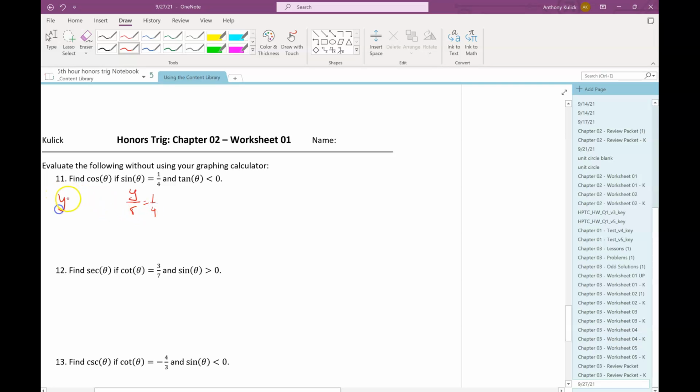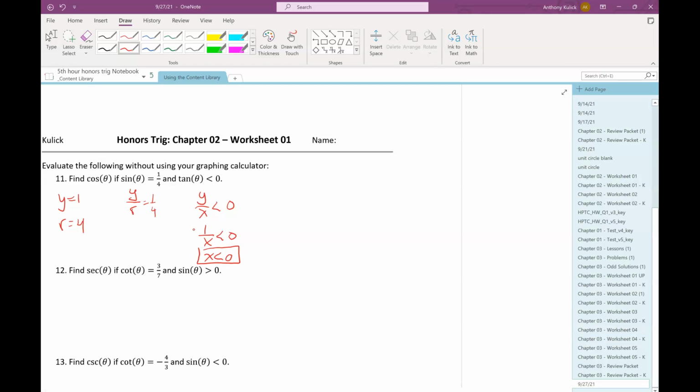So that tells me y should be 1 and r should be 4. Okay with that, Peyton? And I know tangent is y over x. And y I just discovered was 1. So if 1 over x is negative, that tells me just that x is negative. Okay with that?